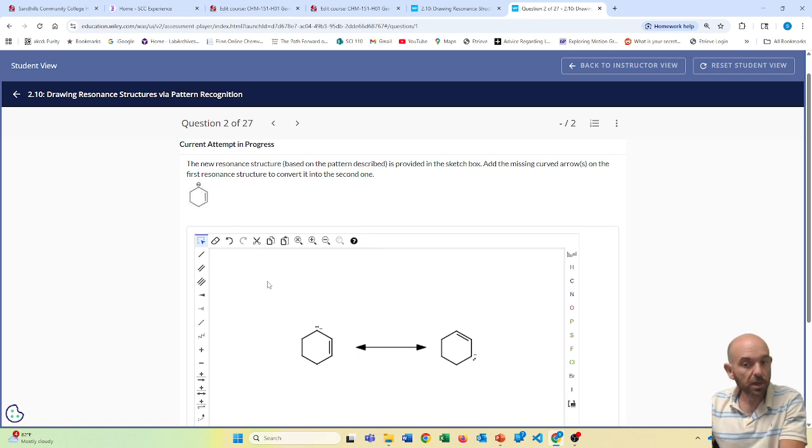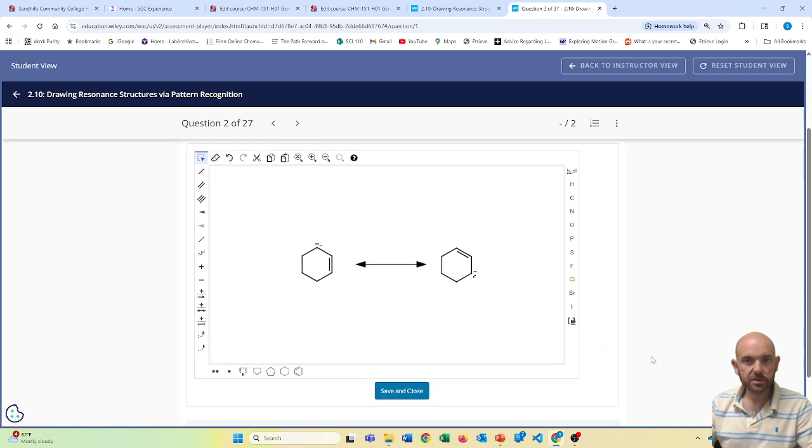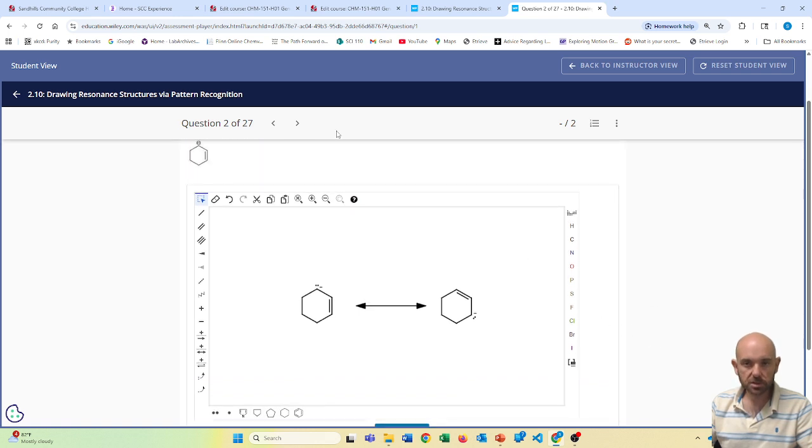So you need to show an arrow that shows the movement of the electrons to get the new resonance structure, keeping in mind that the tail of the arrow always starts from a lone pair of electrons or a bond and moves to a bond or an atom. That will require two arrows to get the resonance structure in this question.